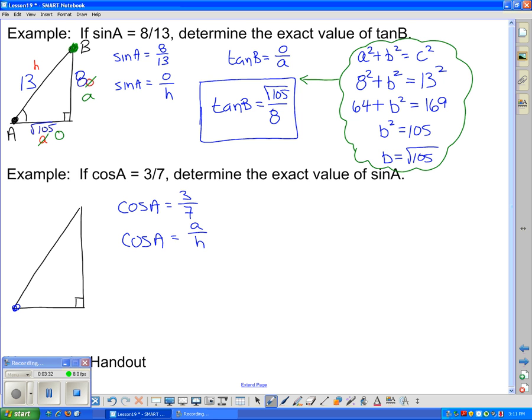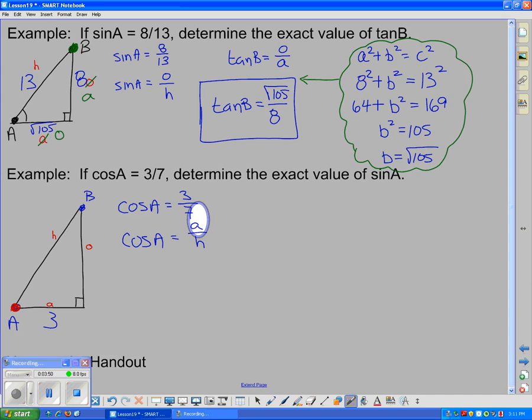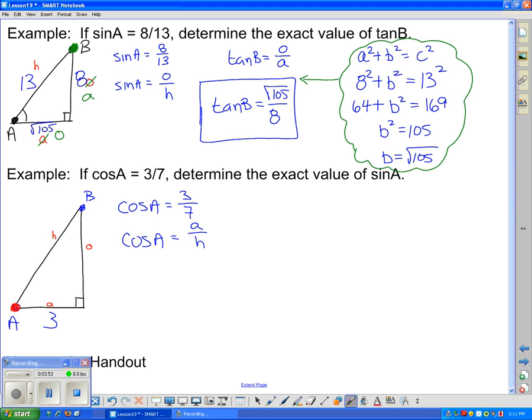So if I call this angle or corner A, and this one B, and I label my triangle, I'll use red for A: here's my opposite, hypotenuse, and adjacent. I know that the adjacent side is 3. It's the exact same as the example above. So my hypotenuse is going to be 7.